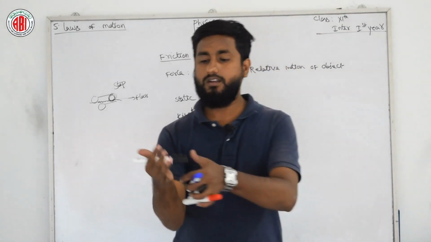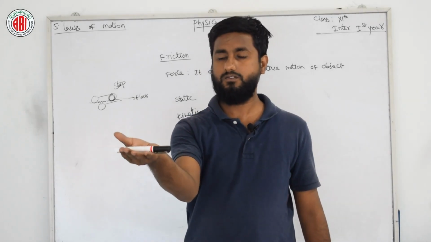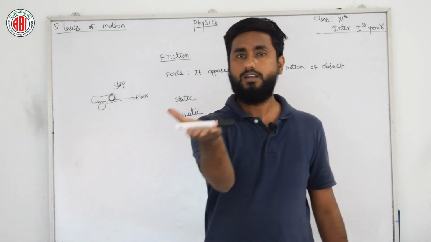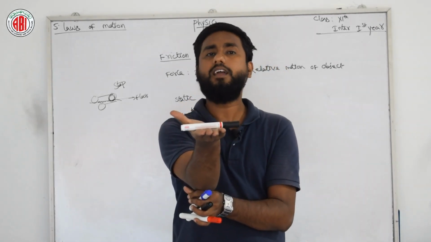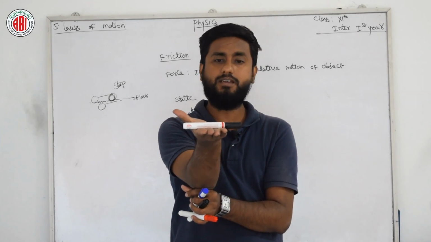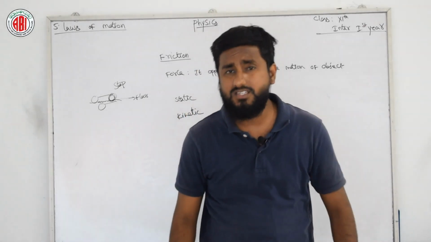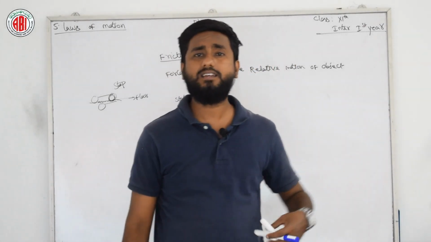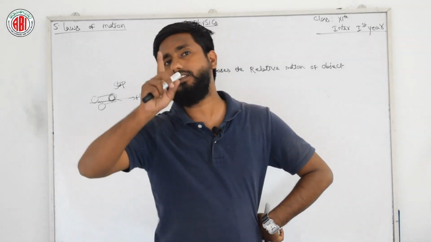I am keeping the marker in my hand. There is a force which lets this marker be at rest, and the friction applicable there is known as static friction, or the friction acting between the surface of a body and an object when there is no relative motion.